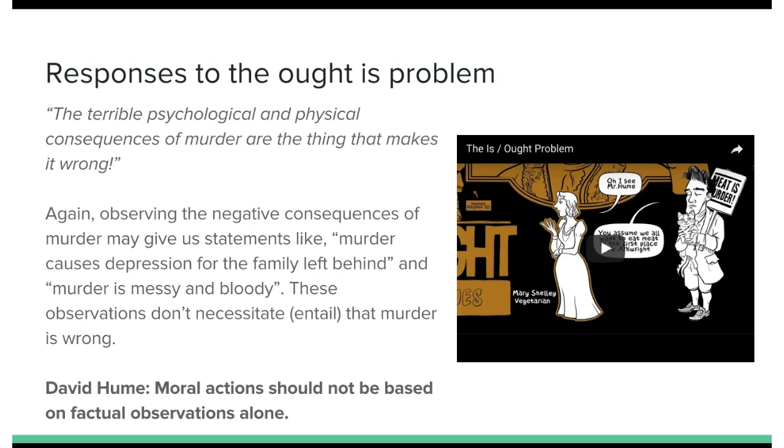So you've got this data about the negative psychological and physical impacts of murder, and those impacts in and of themselves are what makes it wrong. But again, these observations of the negative consequences don't necessitate or entail that murder is wrong. They are just observations in and of themselves, and they have no value attached to them. They're just data.